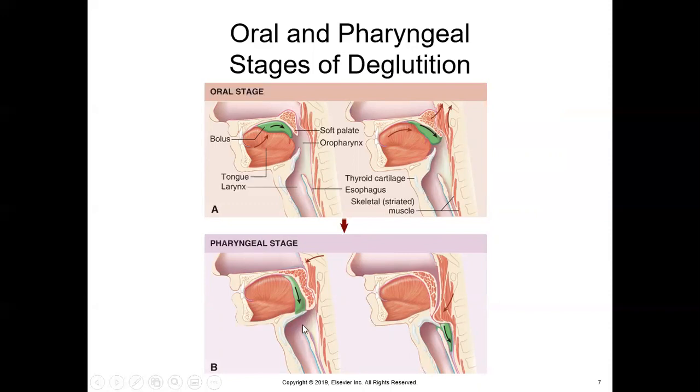Pushing the epiglottis down closes off the trachea and allows the esophagus to stay open, and that's where the food is pushed down into the esophagus. Now, this pharyngeal stage is involuntary. So the muscles that contract and push this along are involuntary.